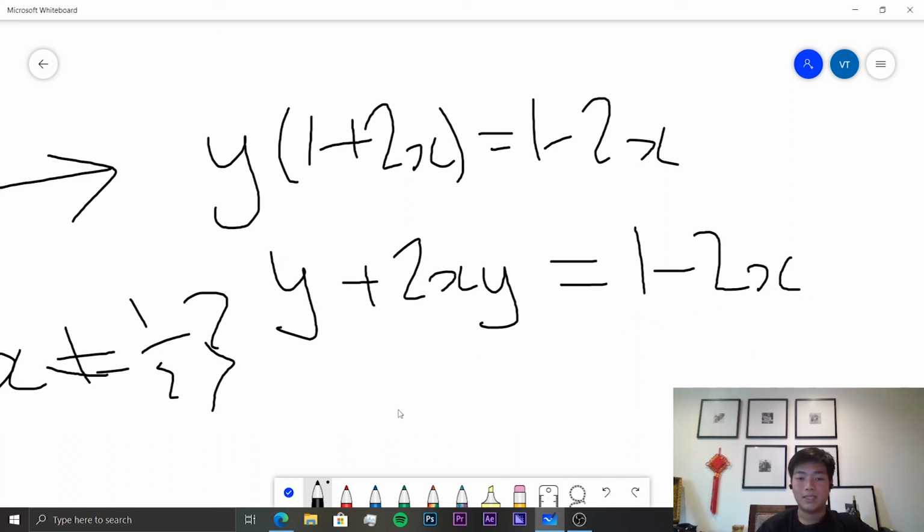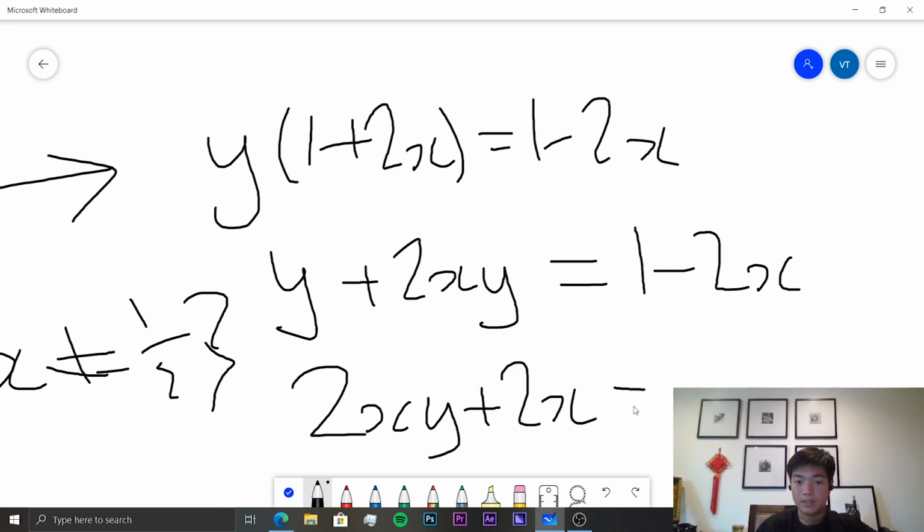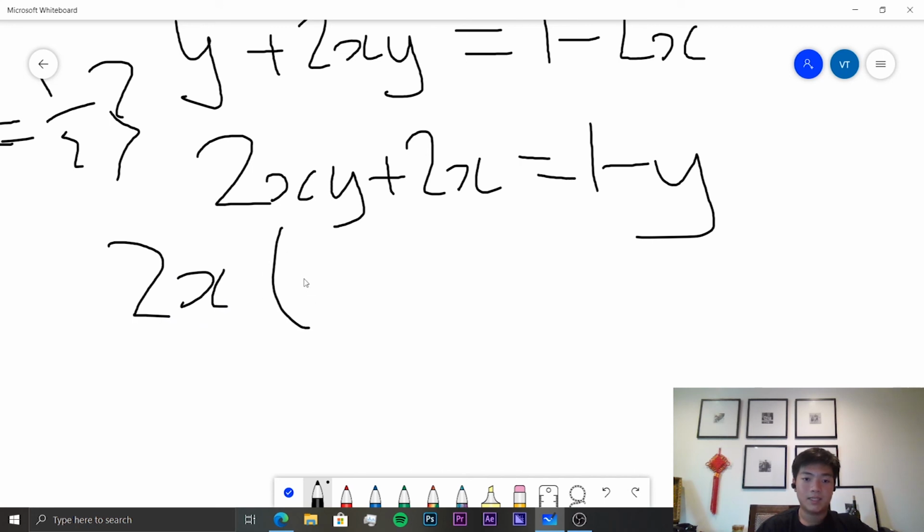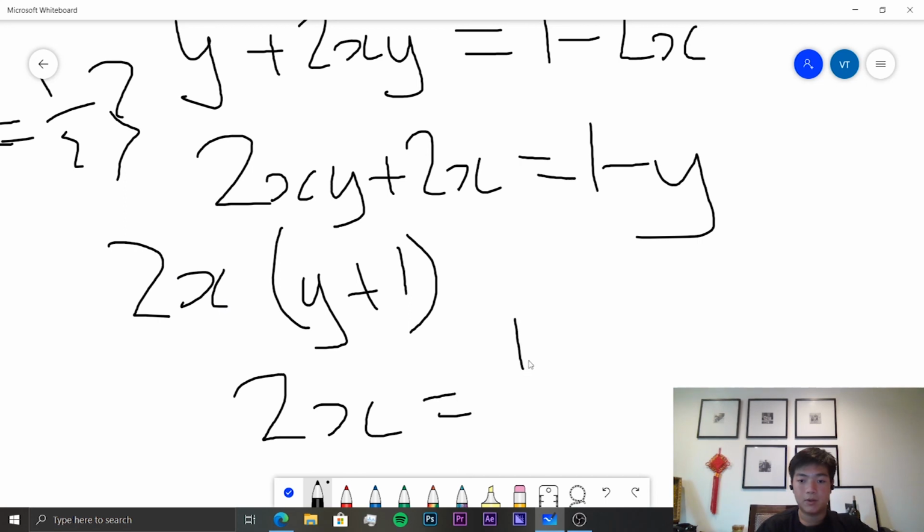We want to bring all the x terms to one side, so 2xy plus 2x is equal to 1 minus y. It might be simpler to just have 2x is equal to 1 minus y over y plus 1.